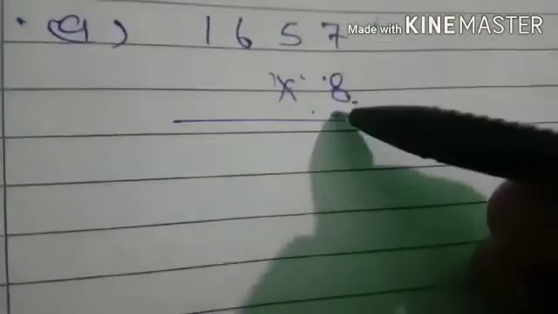This is the sign of multiplication, and you have to multiply this number by 8. So firstly you have to read the table of 8 with 7 times. So 8 sevens are 56. For 56 you have to write the unit place, meaning the ones place, here and the tens place at the top.